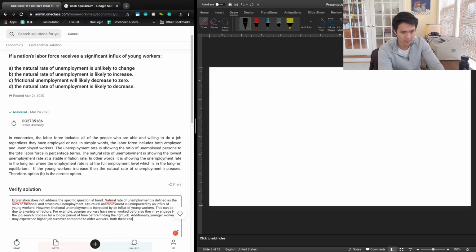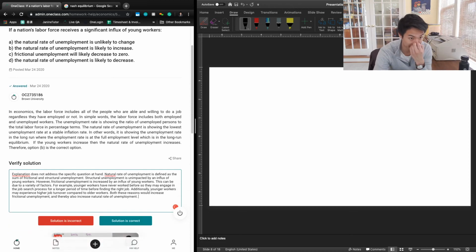Both these reasons would increase frictional unemployment and thereby also increase natural rate of unemployment. So, the answer choice that the previous teacher gave is correct. It's still B, but we just have a better explanation now, and so that's going to be what we're going to be submitting.